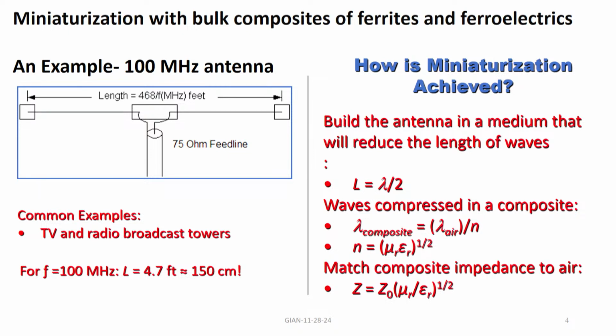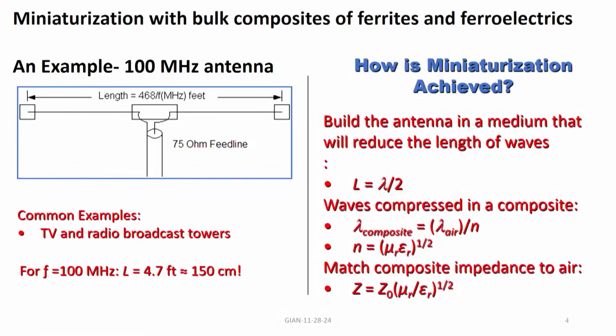Now how do you shrink the length of the antenna from 150 centimeters to a smaller value? The only way you can do that is, the wavelength is fixed in air, 150 centimeters, but you can shrink the wave in a medium. This medium that we are going to build is a composite of a ferrite and a ferroelectric. And how do you shrink the wave?